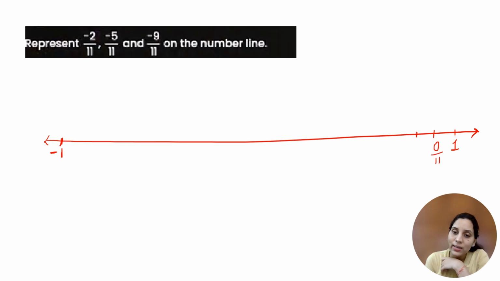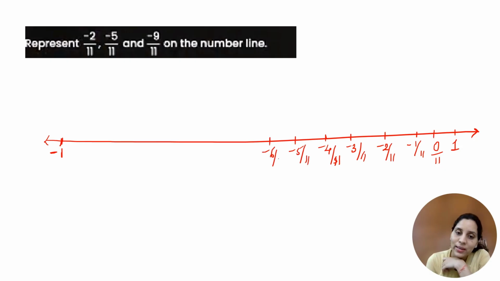Now, so I can start like this. This is 0 by 11, minus 1 by 11, minus 2 by 11, minus 3 by 11, minus 4 by 11, minus 5 by 11, minus 6 by 11, minus 7 by 11, minus 8 by 11, minus 9 by 11, minus 10 by 11, and this is minus 1.